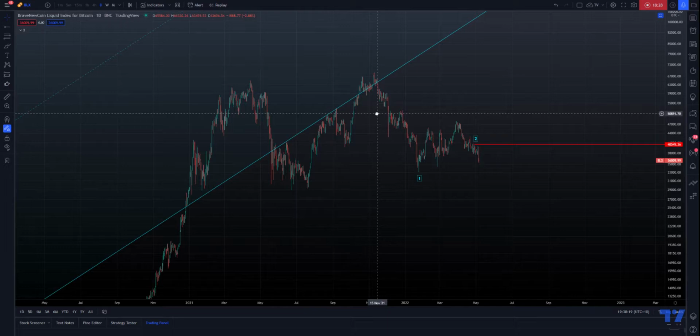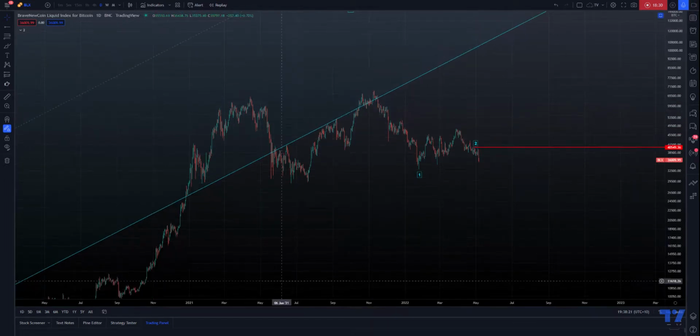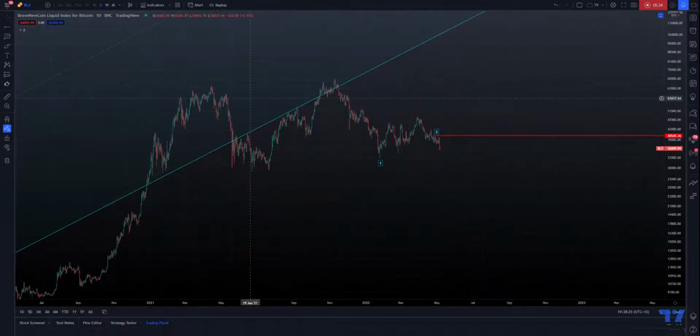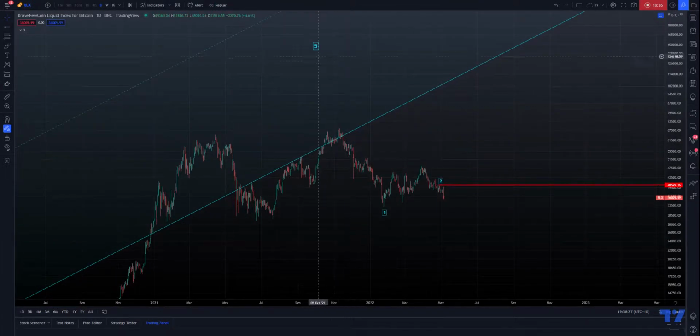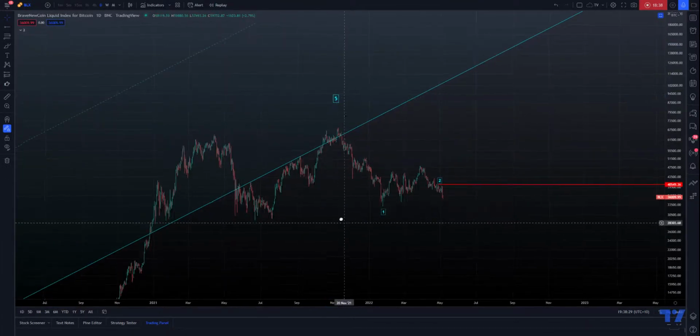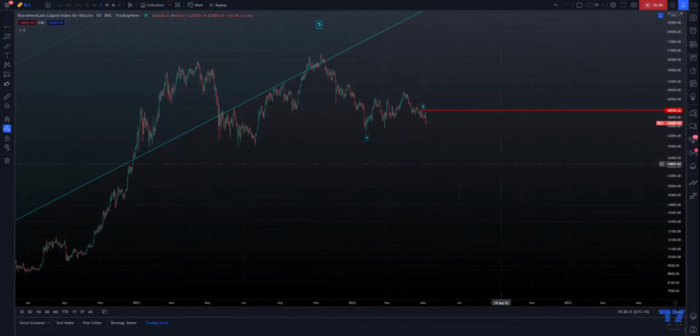I previously thought this was an A, B, and now C pattern, but I now believe it's just a complete 5-wave move. Any move from here will be the first part of a zigzag in 5 waves, so it'll be wave A of wave A in brackets for a zigzag.